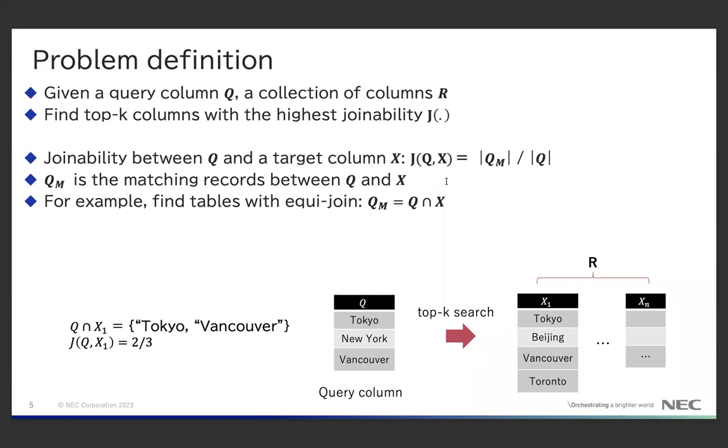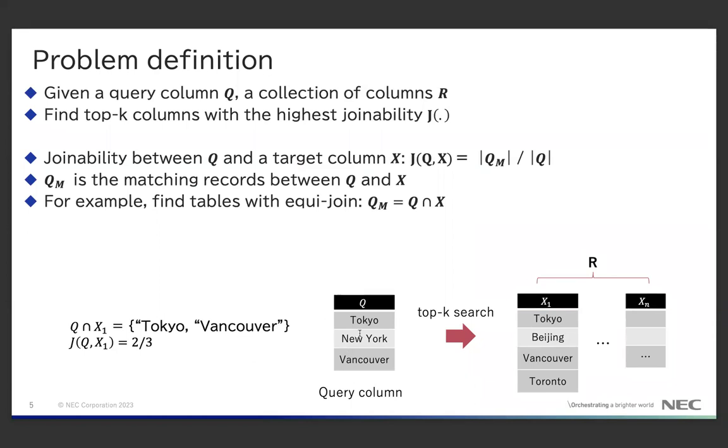The number of matching records can be defined based on the join type. For example, if we want to find equi-joins, it is defined as the exact-match overlap between Q and X. Here is an example of the equi-join.